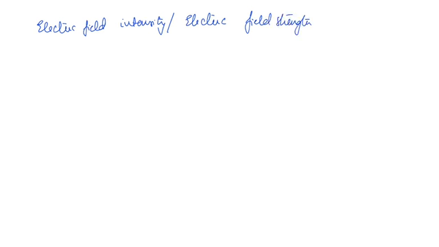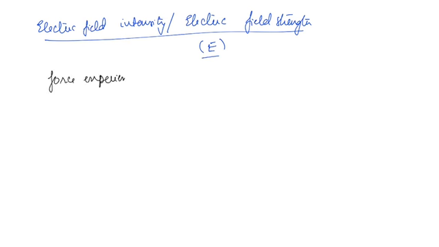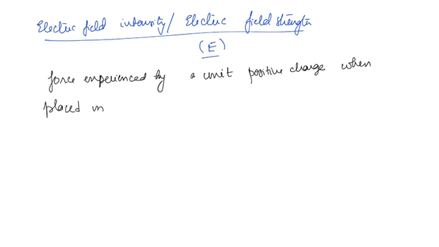This is represented by capital E. This is basically the force that is experienced by the 1 coulomb charge, the force experienced by a unit positive charge when placed in an electric field. So that means for a particular electric field we have an associated electric field intensity.